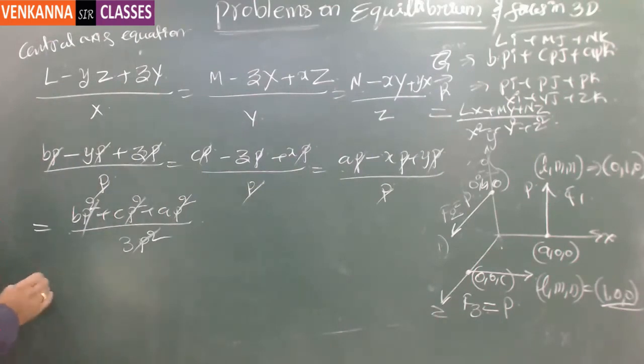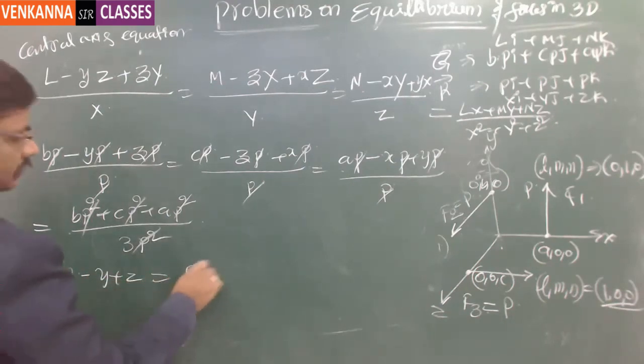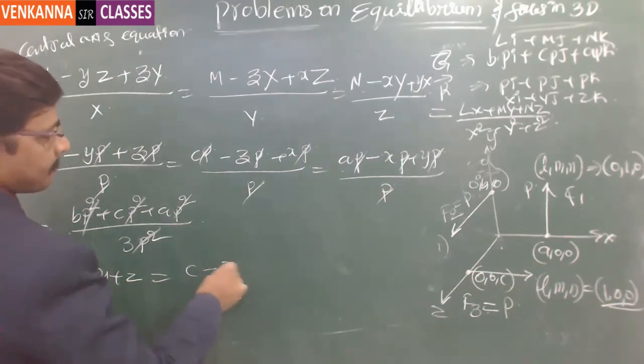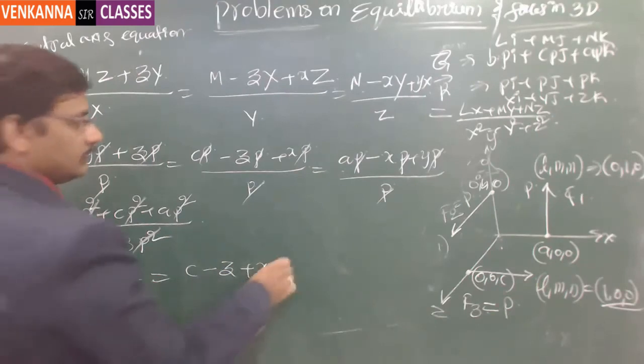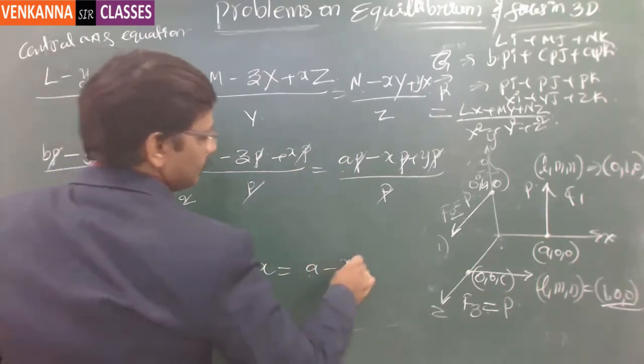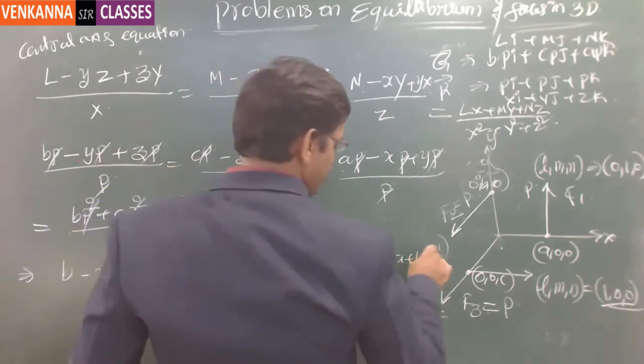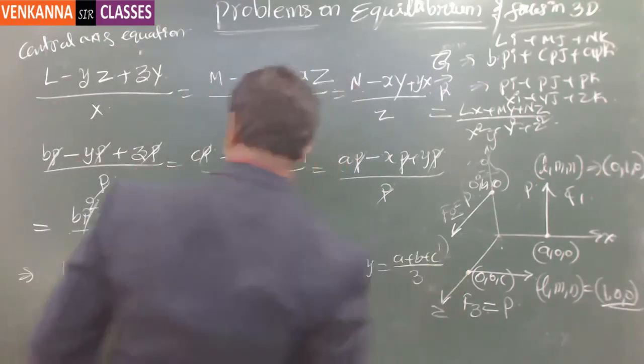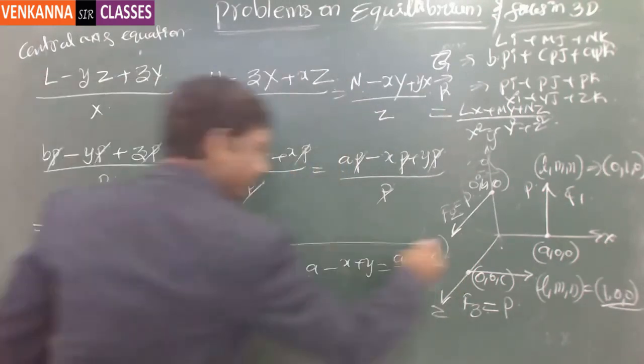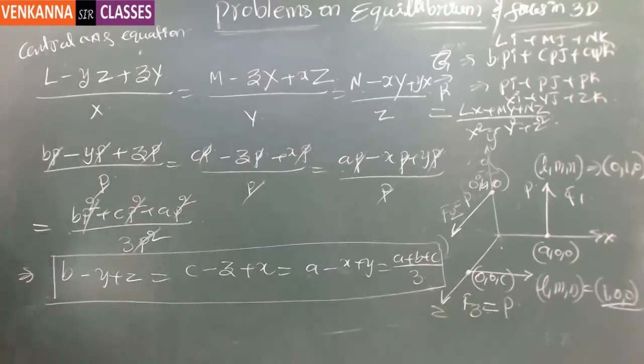So what we are left with is b minus y plus z is equal to c minus z plus x is equal to a minus x plus y is equal to a plus b plus c divided by 3. So this is the equation of the central axis. Got it? Understood?